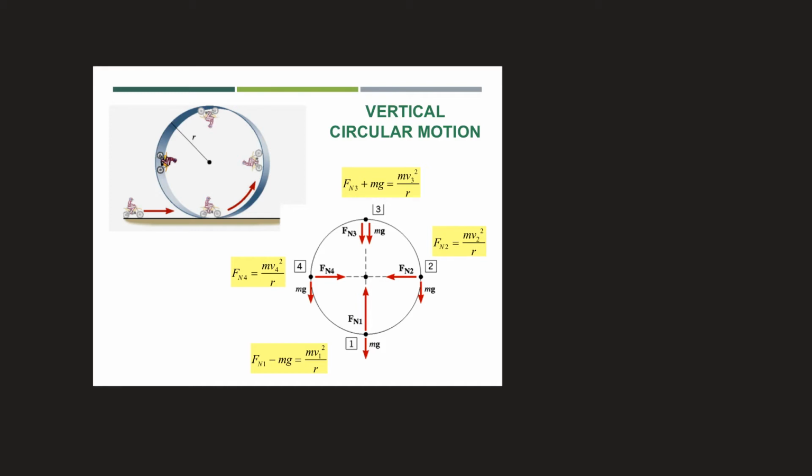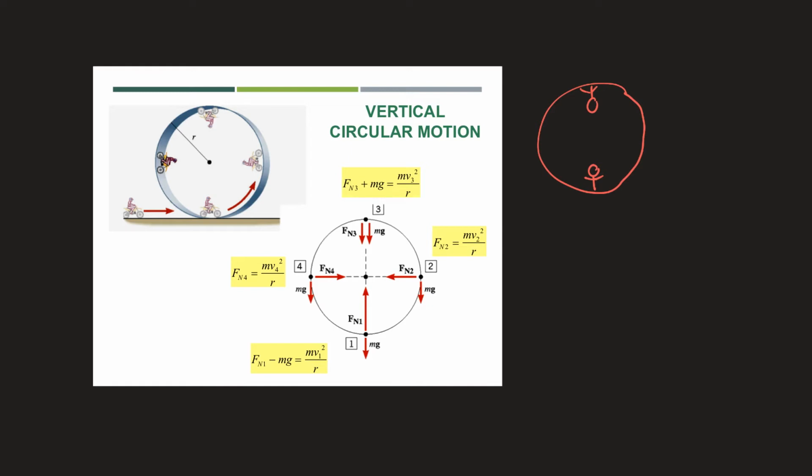So for example, if we have an object like that, an example, this person's head is downward like that, and then for this person the head is actually at the top like that.